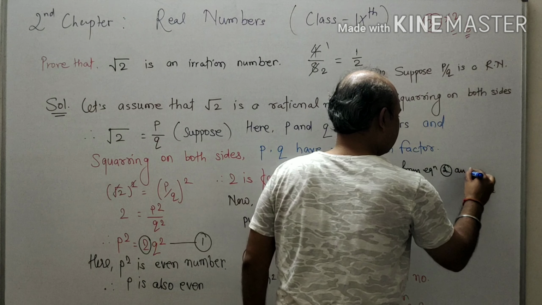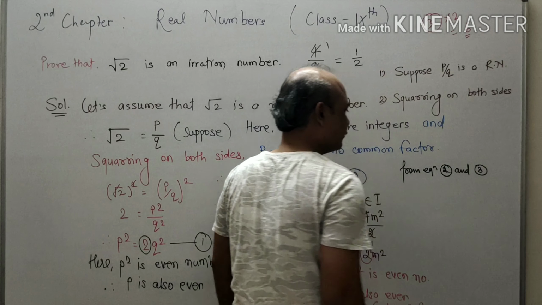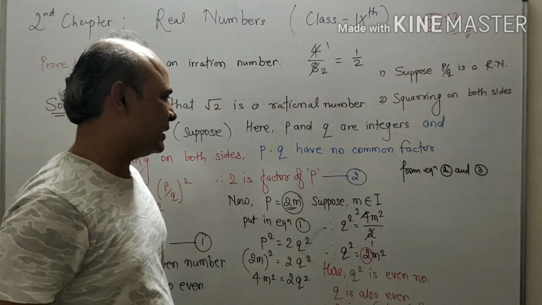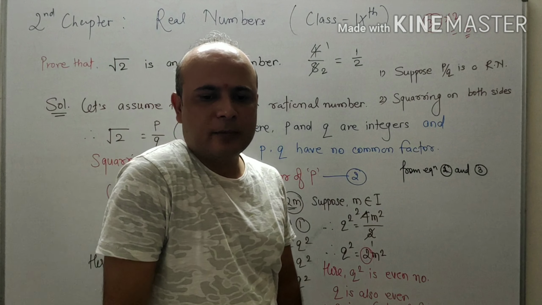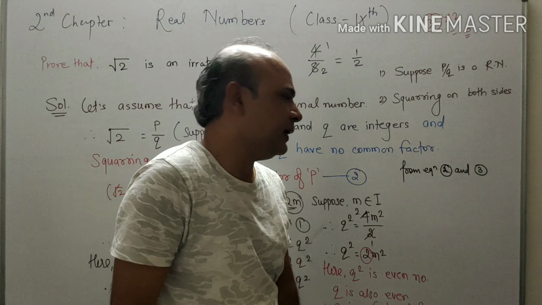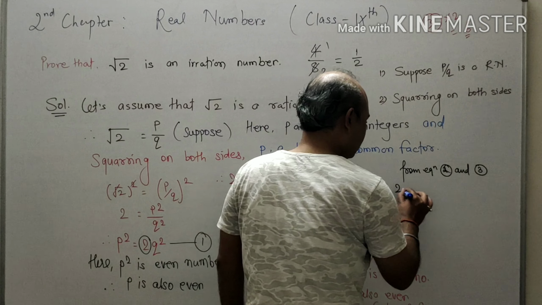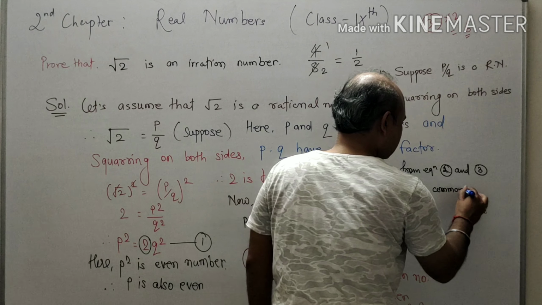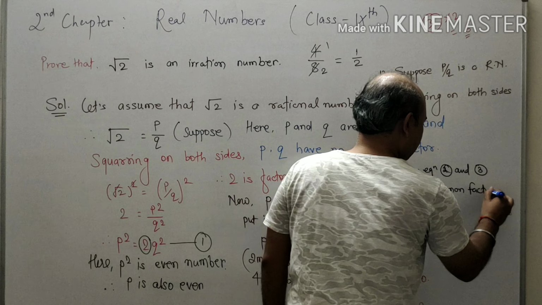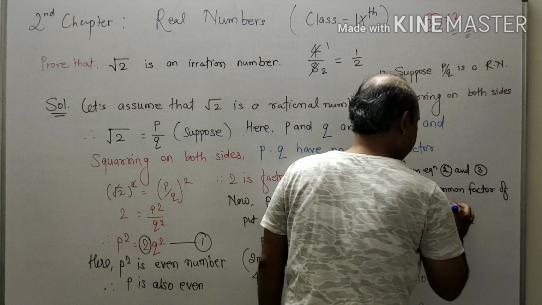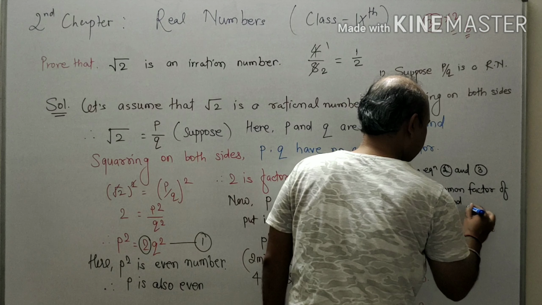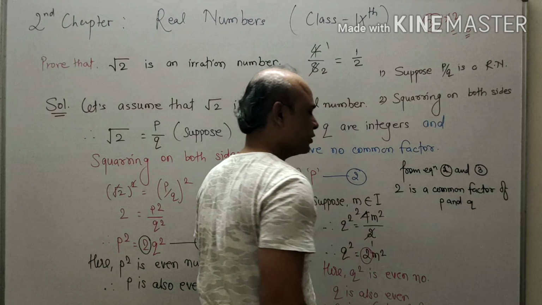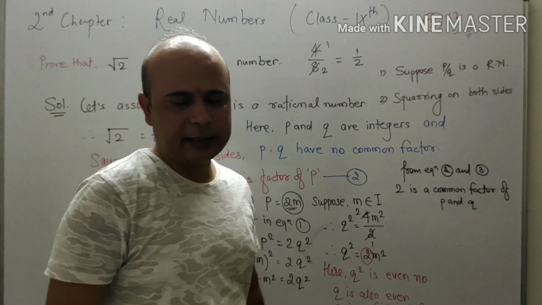From equation 2 and 3, we can say that 2 is a common factor of p and q.